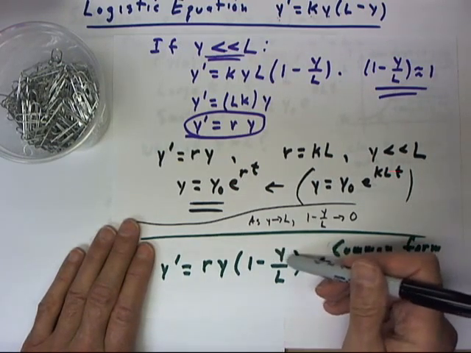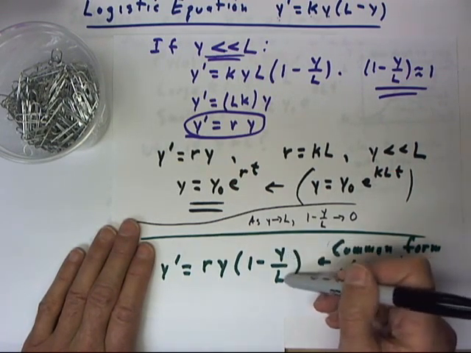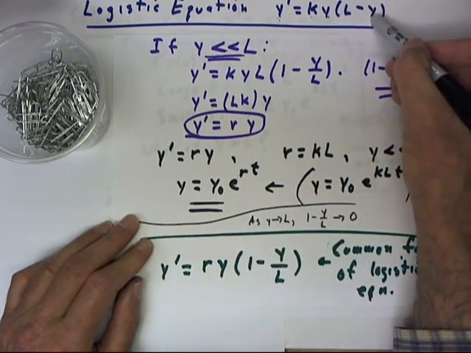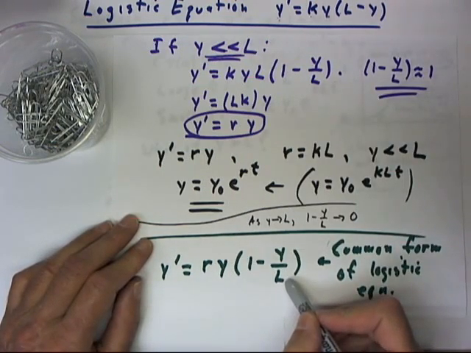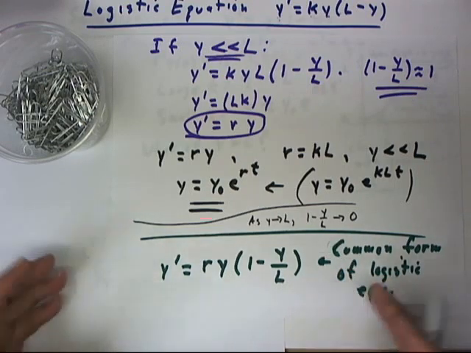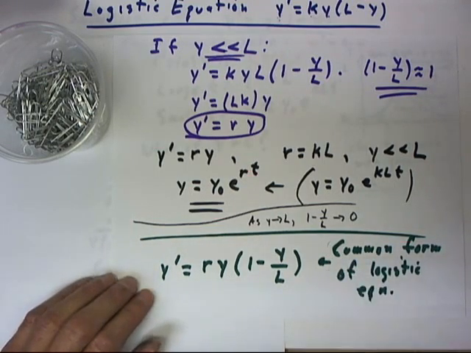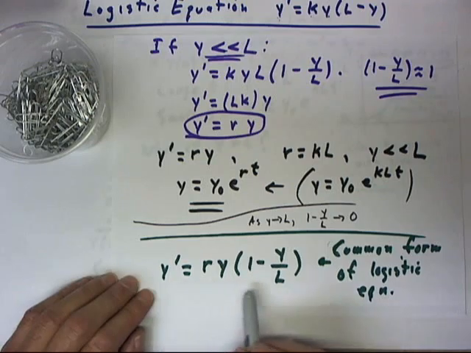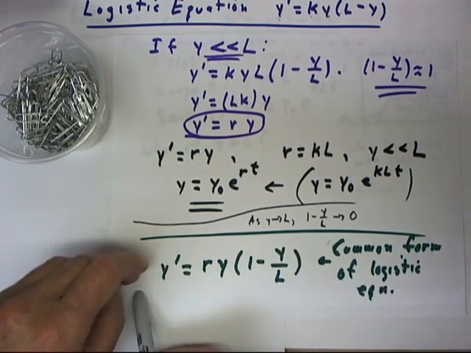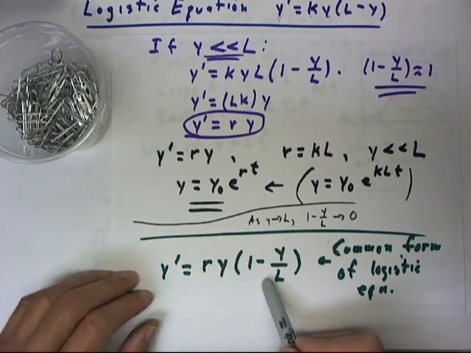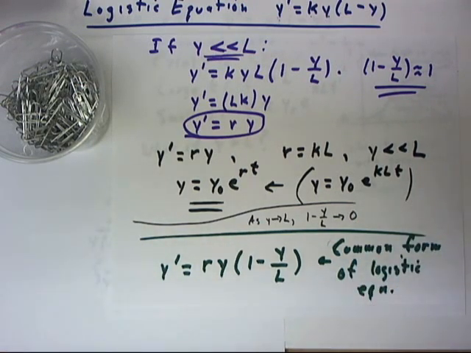We're going to have to deal with the y over L term, and the y term is simpler here than it is here, but the trade-offs are pretty even, and this equation can be solved by separating the variables. We're going to get dy over all of this stuff equals dt, and the entire solution is going to follow by very similar steps, just with slightly different notation.